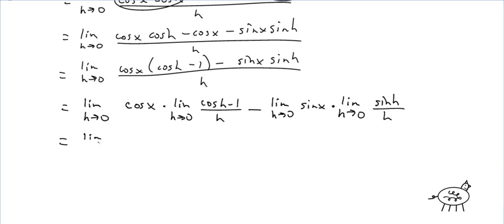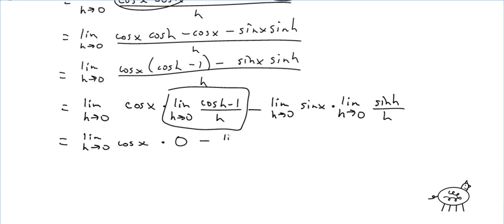Let's keep going here. Limit as h approaches 0 of cosine of x. Okay, what does this equal? That equals 0 times 0 minus limit as h approaches 0 of sine of x. And what does this equal right here? That equals 1.